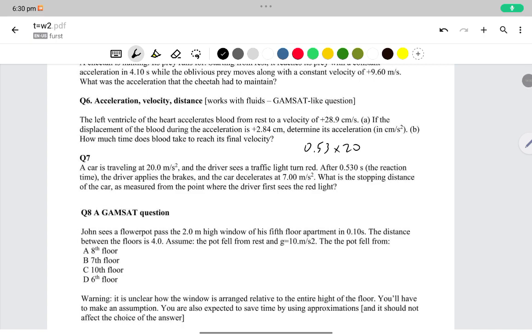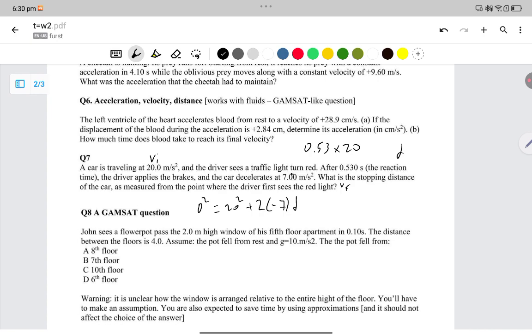What about the second part? We've got the initial velocity, the acceleration and the final velocity. And what are we looking for? The stopping distance. So we're looking for d. You can use the same formula as before, right? If you look at our formula sheet, we've got Vf squared. What's the final velocity squared? 0 squared equals 20 squared plus 2 times the acceleration, it's negative 7, times the distance, which is what we're looking for.